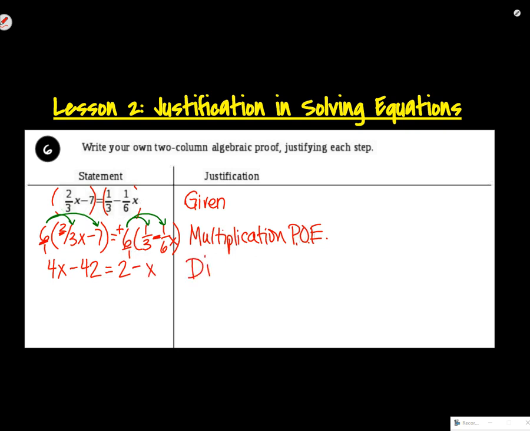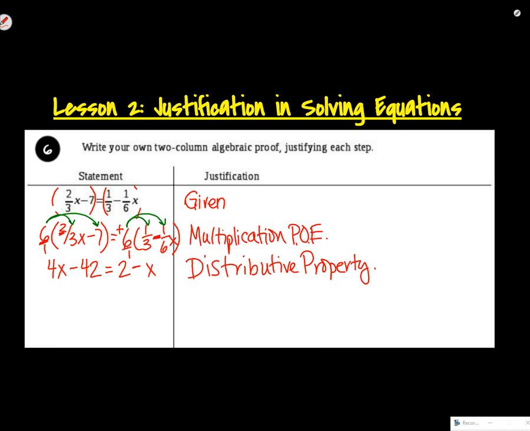So I've got the distributive property. Not a property of equality, though. I'll put a period at the end.